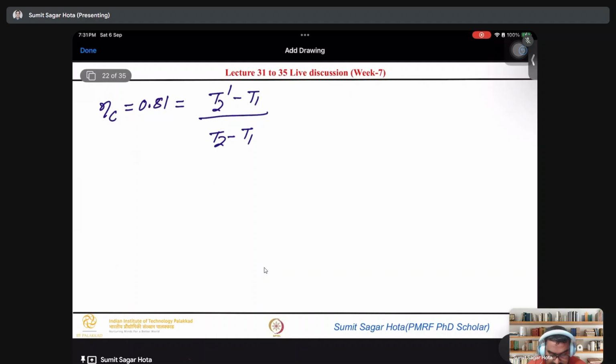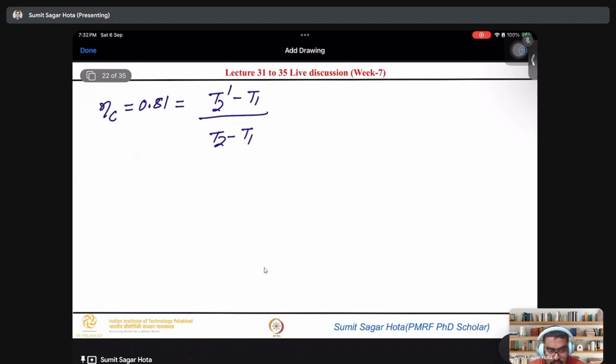So from this formula we need to calculate T2. Let's apply the isentropic T-P relation between 1 and 2 dash to find T2 dash.